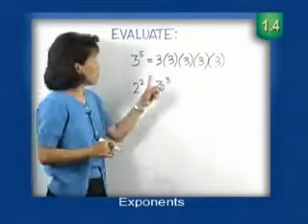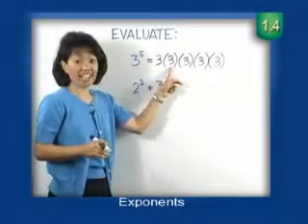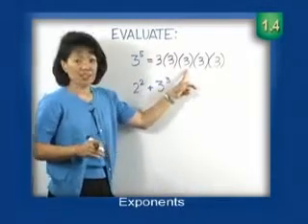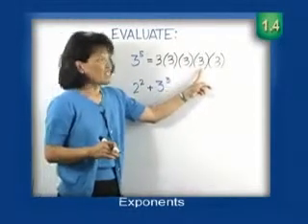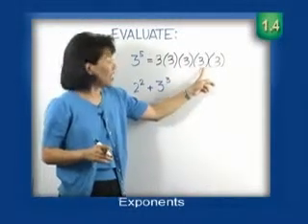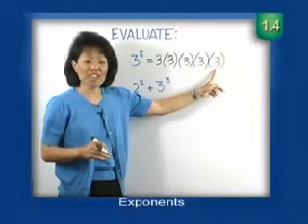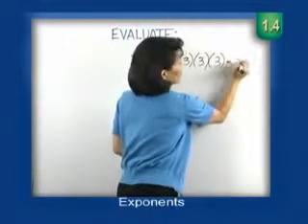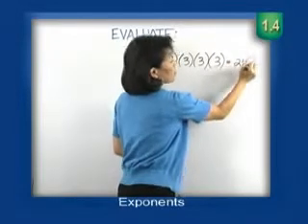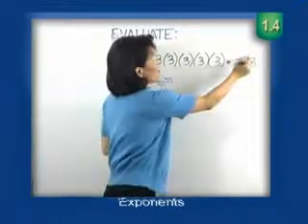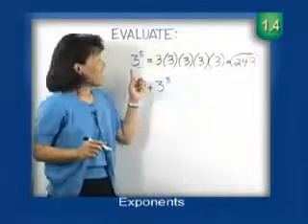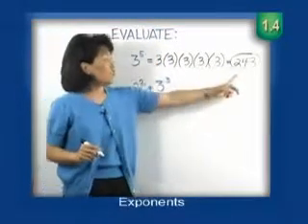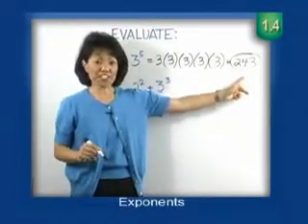Let's begin. 3 times 3 is 9, times 3, 27, times 3 is 81, and times 3, 243. If you need to use pencil and paper to help you in your calculations, please do so. So 3 to the 5th has the same value as 243.